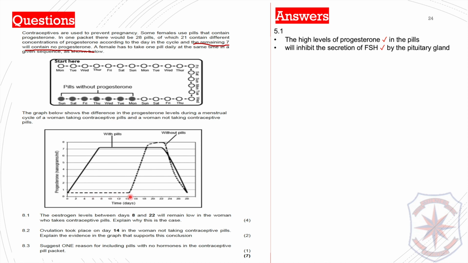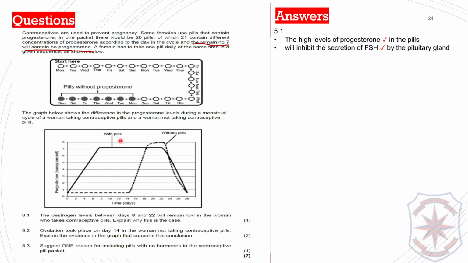Now, once we have the corpus luteum, it starts producing progesterone, so the progesterone levels go up. From day 20, from this day over here, it increases slightly, and if fertilization does not take place, the corpus luteum degenerates, and the progesterone levels are going to go down.